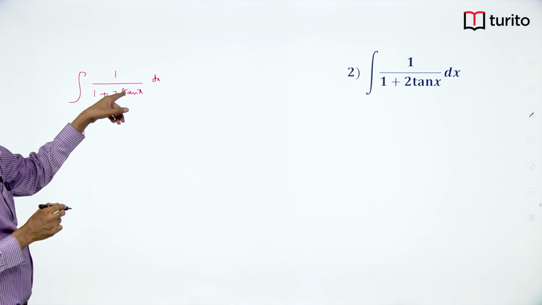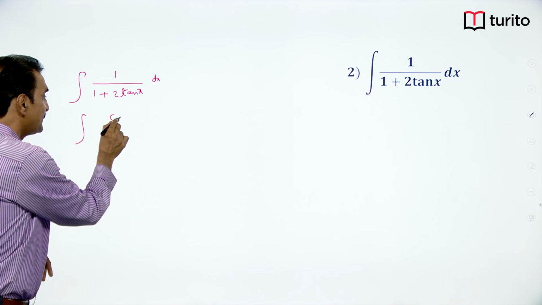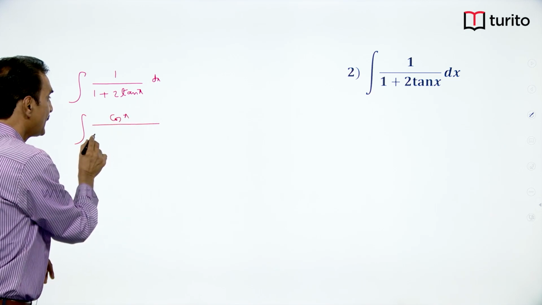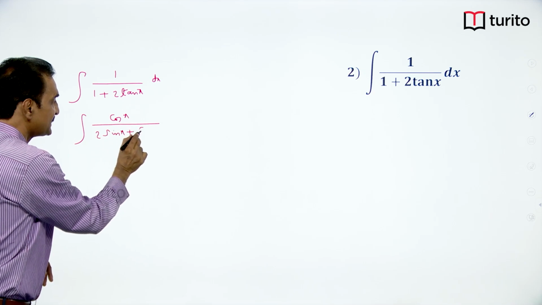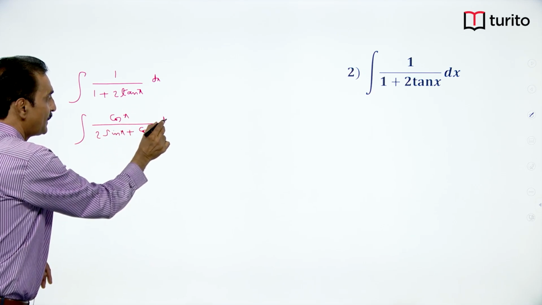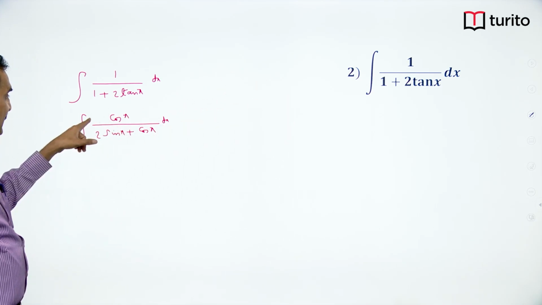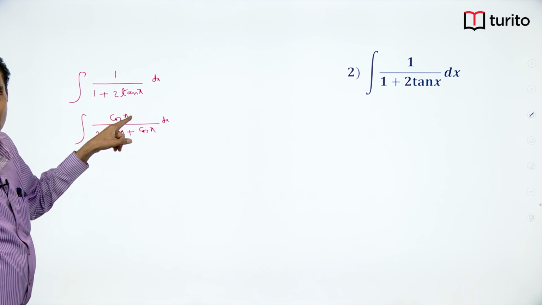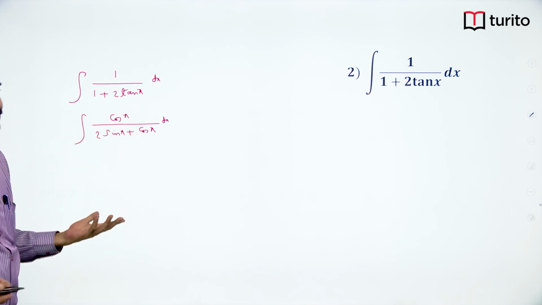You will get cos x by 2 sin x plus cos x. It is in the form of the previous question. The numerator is 0 into sin x plus 1 into cos x, and the denominator is 2 sin x plus cos x. So the method is the same.